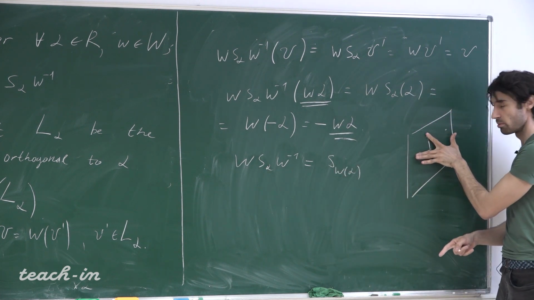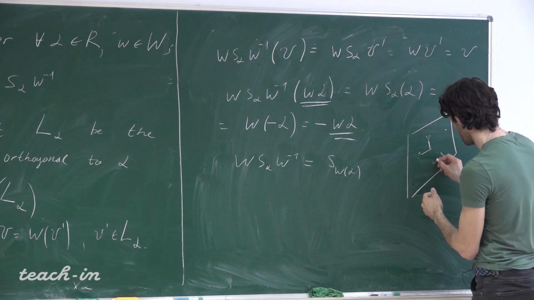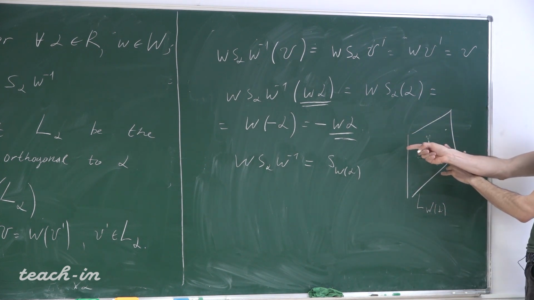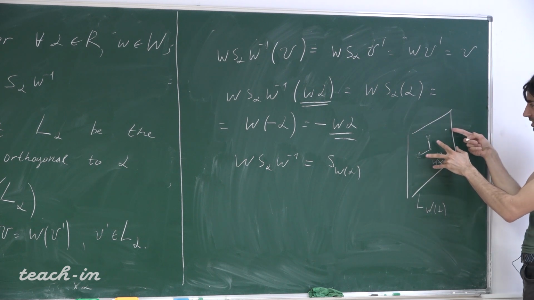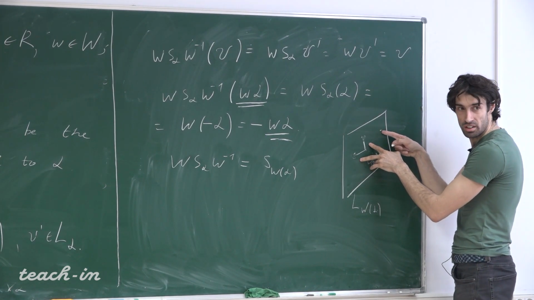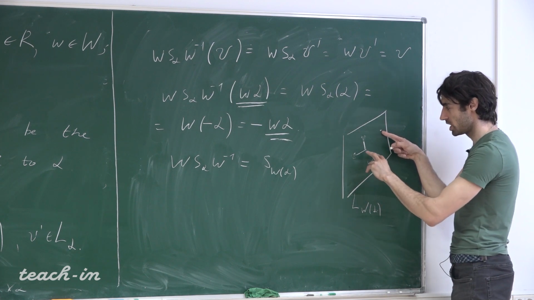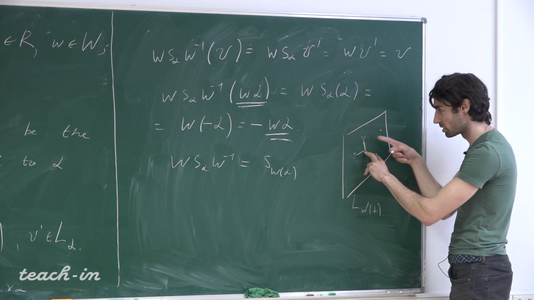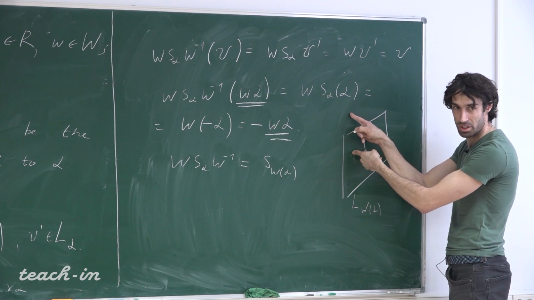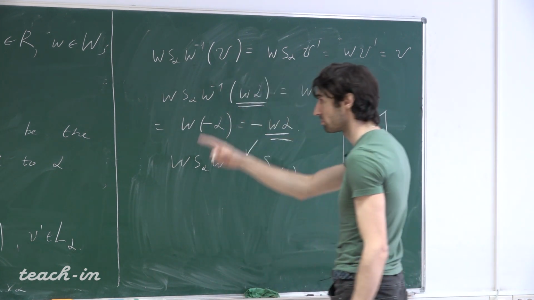This part will not change, and alpha goes to negative alpha. Well, in this case, it should be W alpha, right? This is this hyperplane. So it means exactly that the only component of my point that will change in its decomposition on this basis is the one orthogonal to this plane, and it changes to the opposite. So it's exactly a reflection. Did I convince you now? Okay, so this is the check, and we proved the lemma.